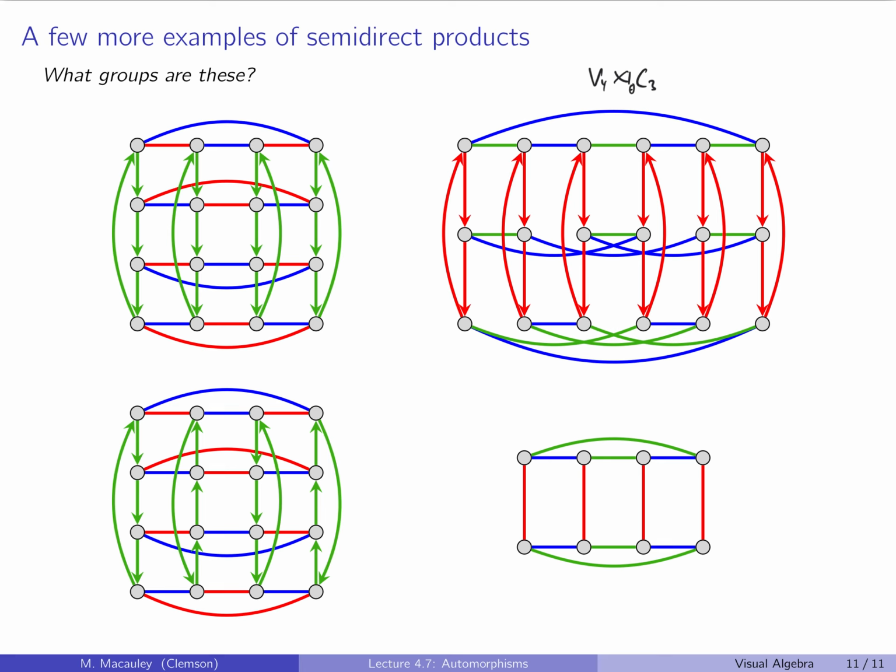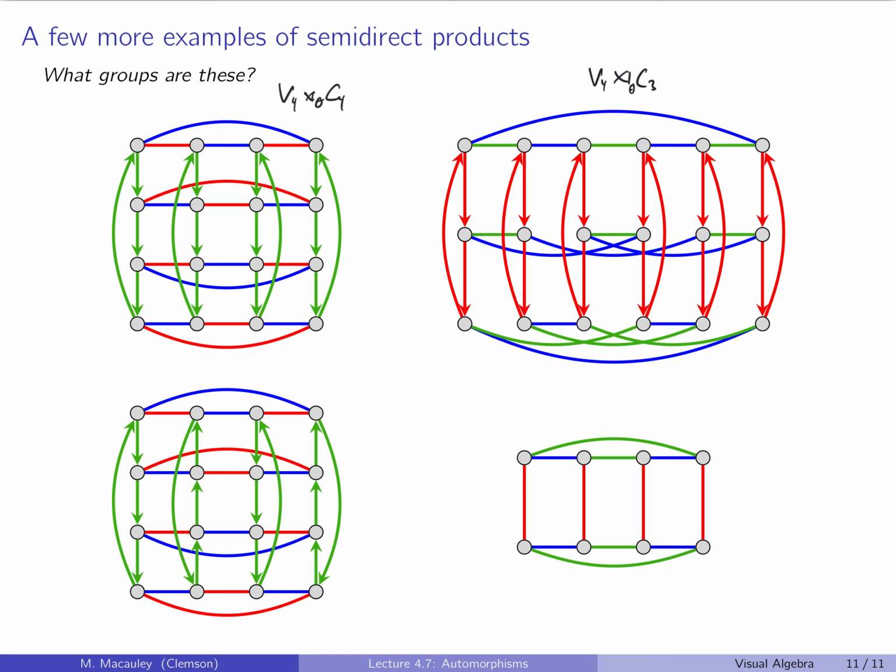I leave it like that. What about this? Here we have the green arrows are not changed. These things are being rewired. So this is V₄ semidirect product C₄. And finally, down here, it looks like both of these things are being rewired.